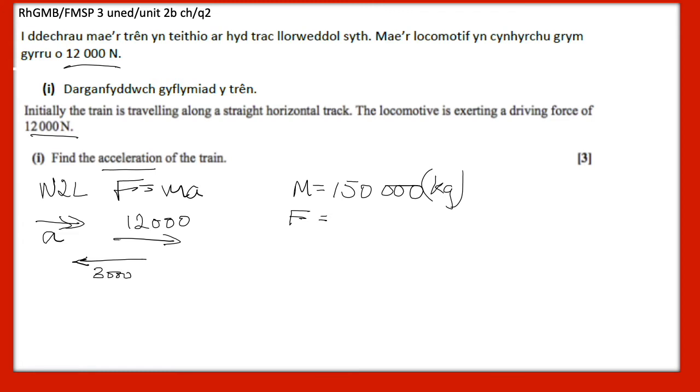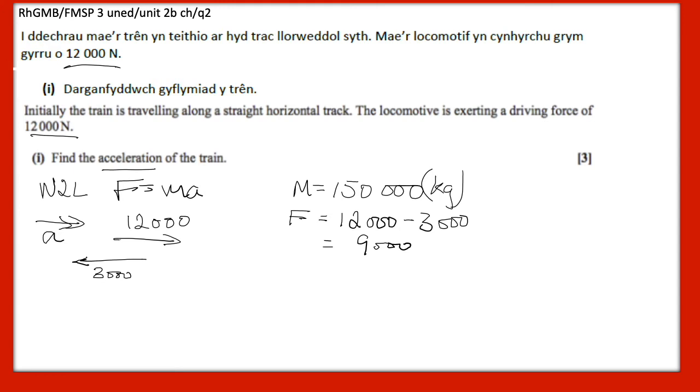There was 2,000 for the train, 500 each for each of the carriages. Very short train with two trucks, but never mind. So my overall force is my 12,000 minus my 3,000, which clearly gives me, last time I checked, 9,000.